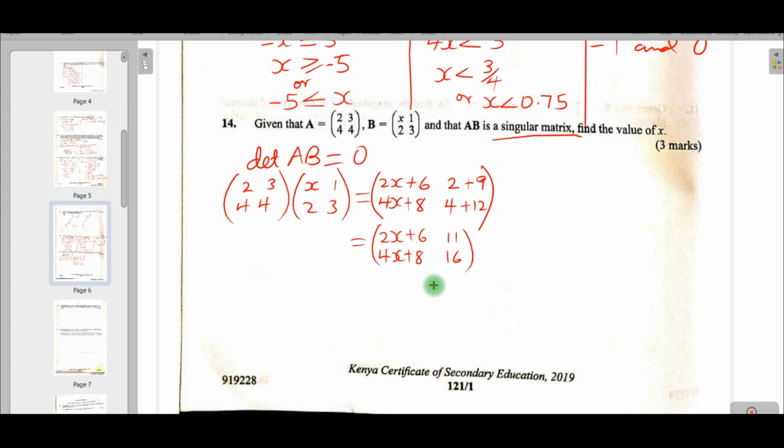So we need to get the determinant. So the determinant of this matrix is, multiply elements in the main diagonal, so that is 2x plus 6 times 16, minus the element in the other diagonal, 4x plus 8 times 11.